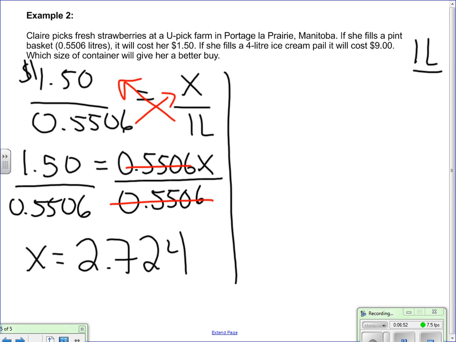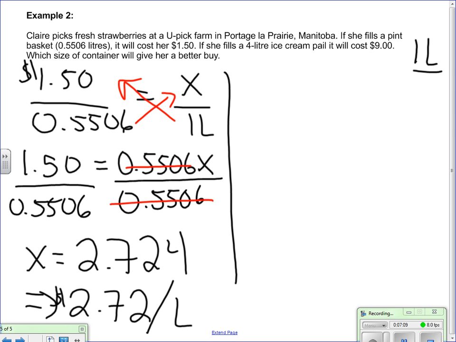So to rewrite, the cost for the strawberries is $2.72 per liter. That's the cost of 1 liter.